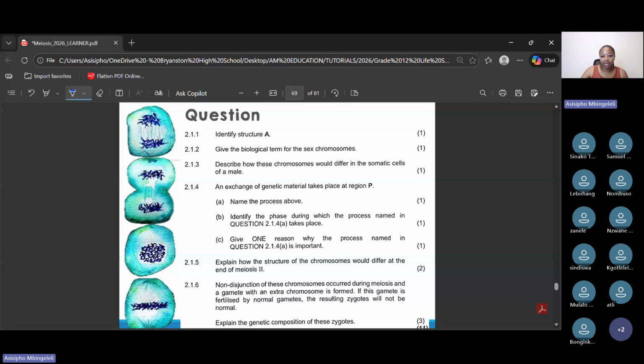Then our second question will be answered by Nombuso. Give the biological term for the sex chromosomes. What did you say, Nombuso? Sinako, what did you say? For 2.1.2, we are looking for the biological term for the sex chromosomes.